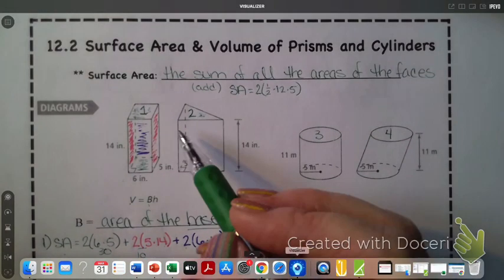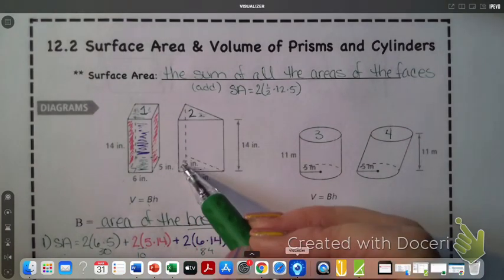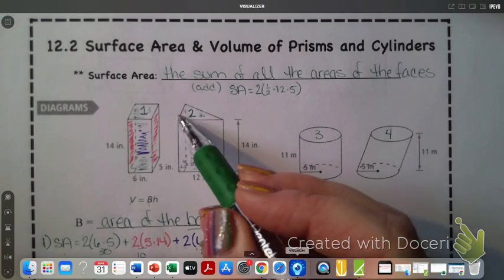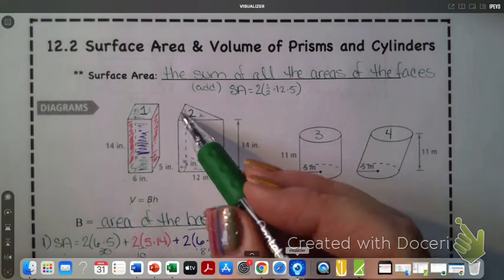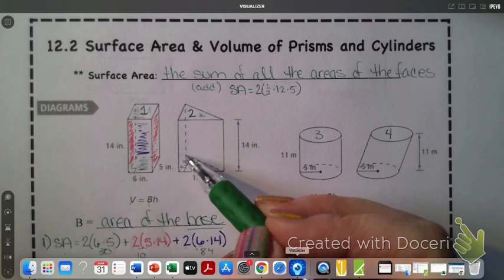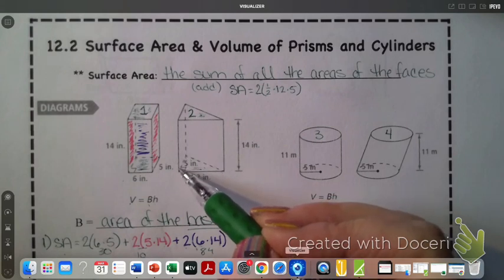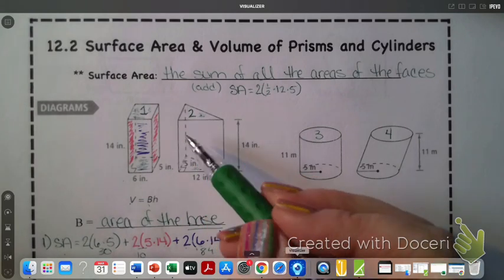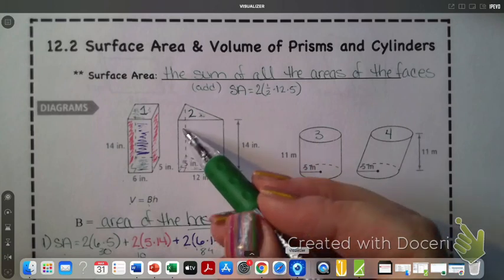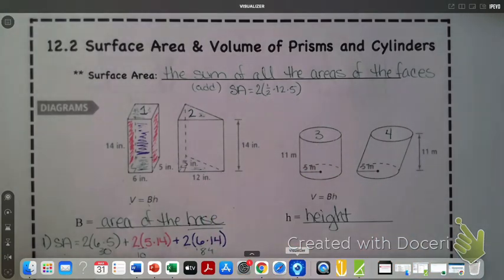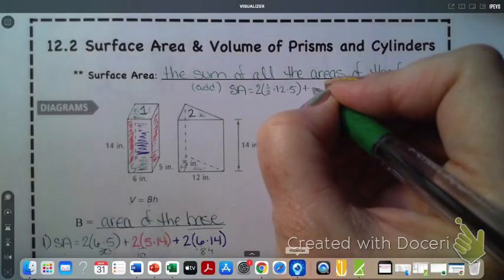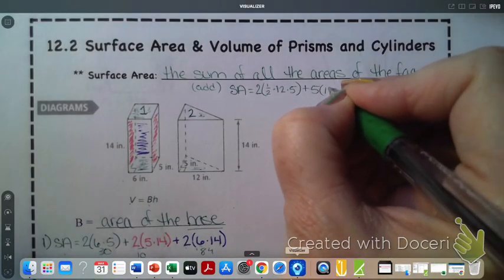Now, I'm going to go with the side over here. That should be a rectangle, shouldn't it? It's 5 by what? 14. Is there another one that's 5 by 14? No, there's not, is there? So I just have 5 by 14. So 5 times 14.